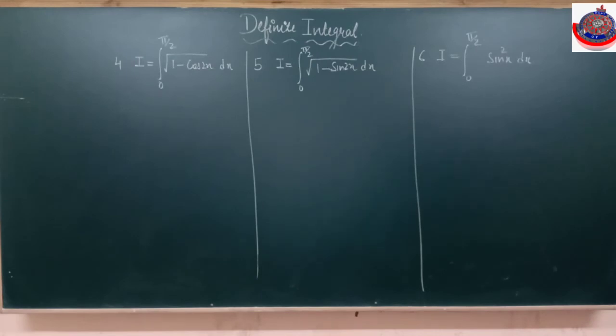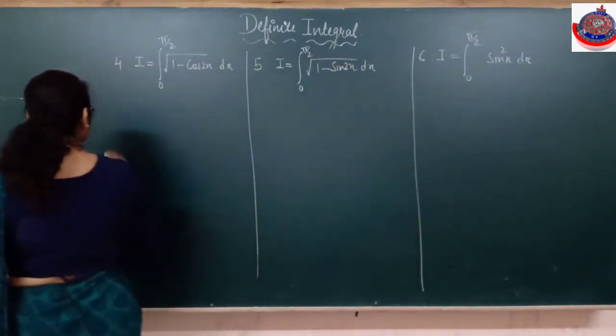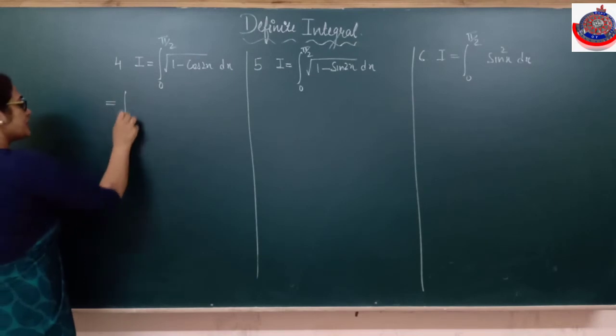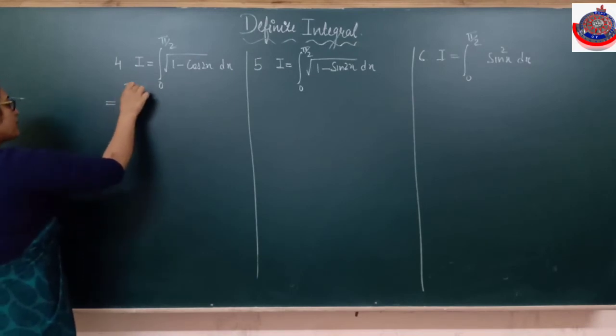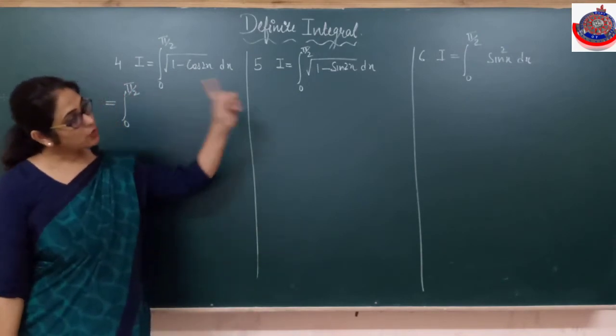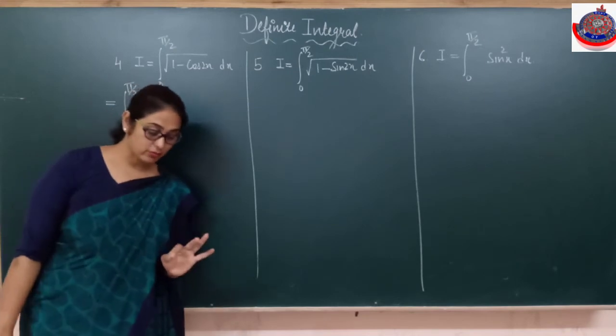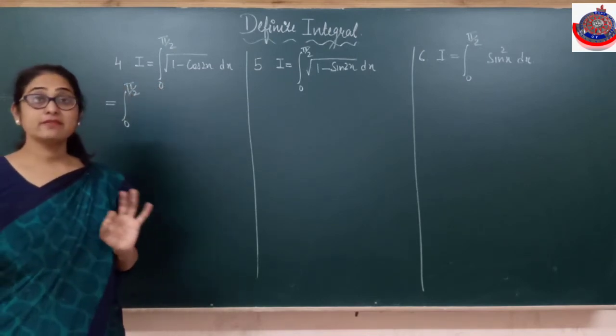Let's see the next one. I have to integrate under root 1 minus cos 2x from the limits 0 to pi by 2. Whenever trigonometry comes, you can't forget the formulas that I told you a number of times. All questions related to this need trigonometric formulas. Trigonometry is one thing which will never leave you.